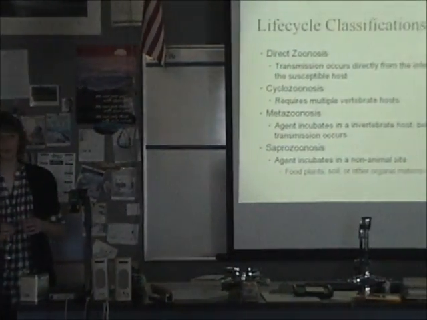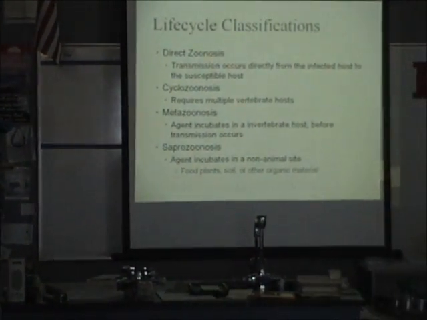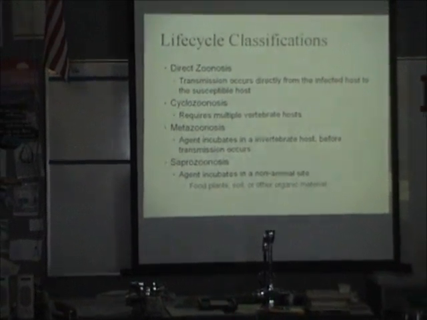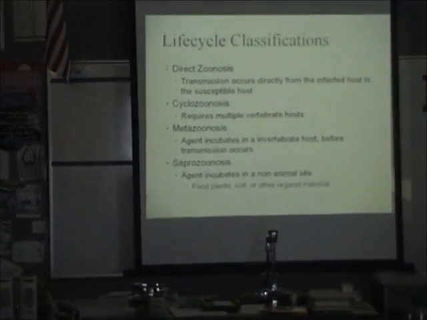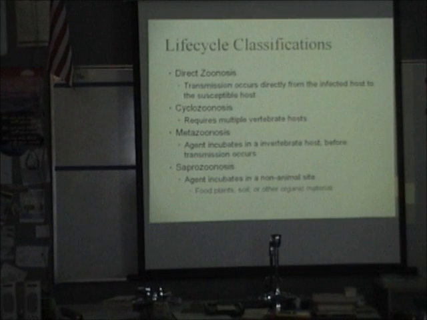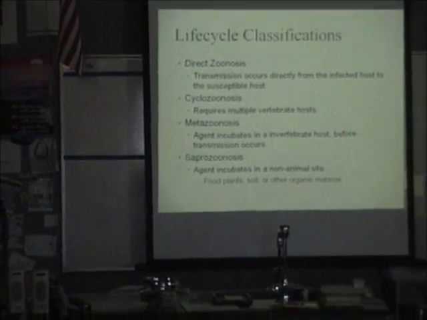And then within those directions, there are different life cycles. So you can have direct transmission when the vertebrate infects directly to the other vertebrate. Cyclozoonosis, some portion of the disease's life cycle has to occur in a specific animal. An example of that is toxoplasmosis, where it requires the cat or the domestic feline to complete its reproductive cycle.